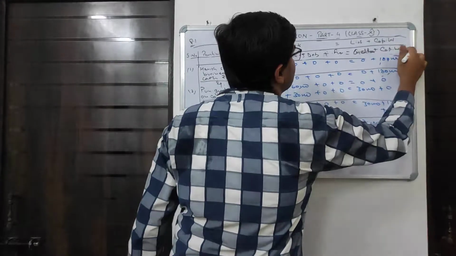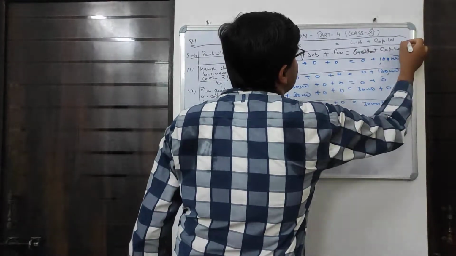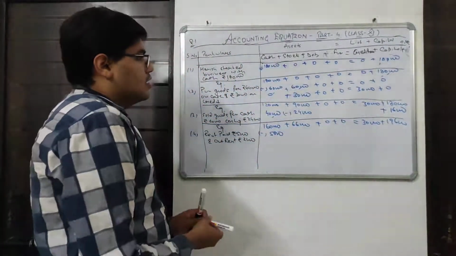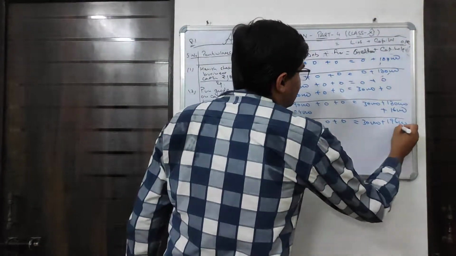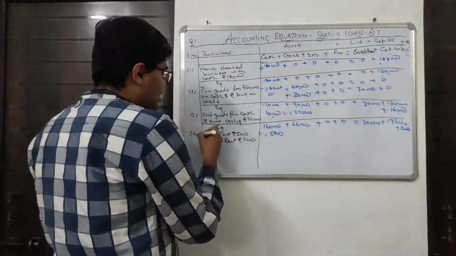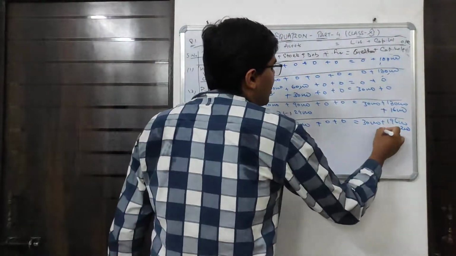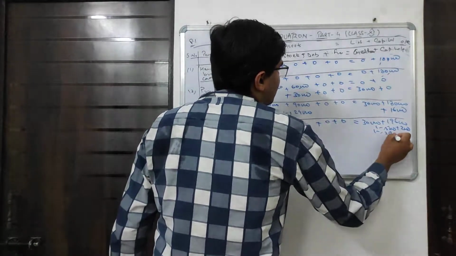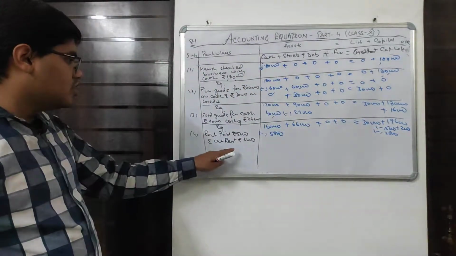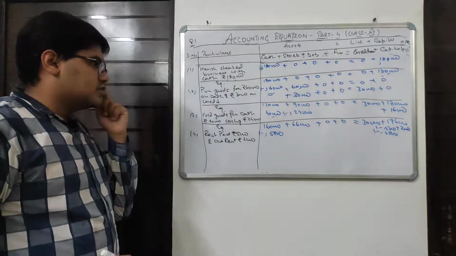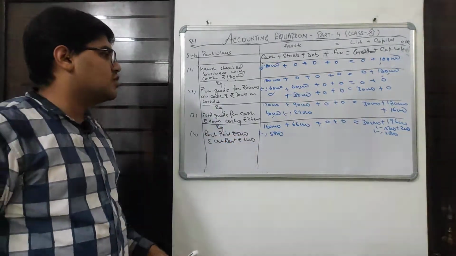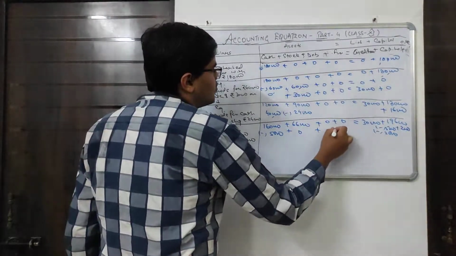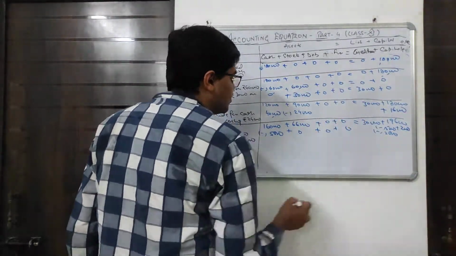So 2,000 we can show here as outstanding rent. So our 2,000 creates a liability here and 5,000 will be deducted from capital as well as 2,000 will also be deducted, because the actual amount of rent was 7,000, of which 2,000 is due. So our equation gets balanced, 0 plus 0.